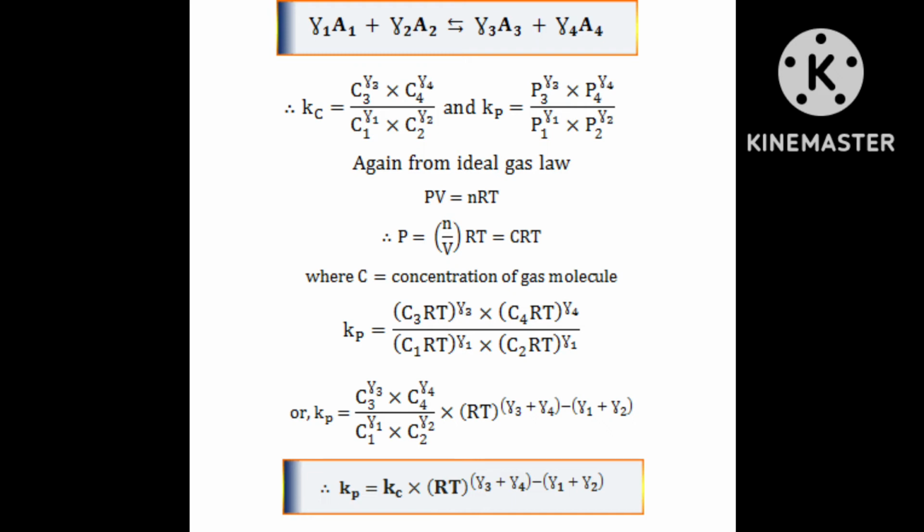You can understand both ways. 1 liter nitrogen, 3 liter hydrogen, it is giving 2 liter ammonia. Means less volume you are getting. Means volume is decreasing. Here is a very important thing: products you are getting less than reactants. It means volume is decreasing. In products you are getting less volume.